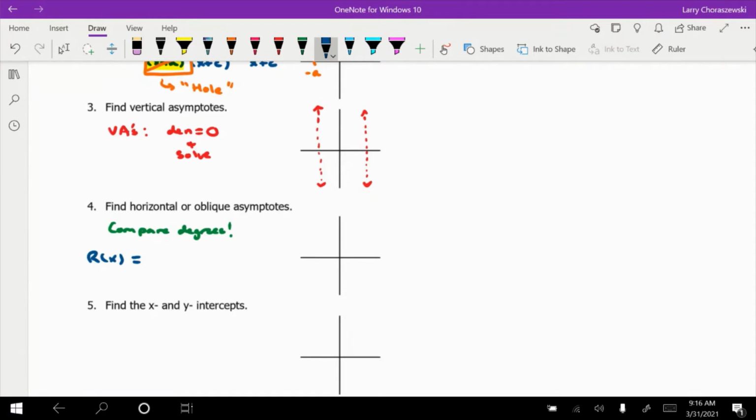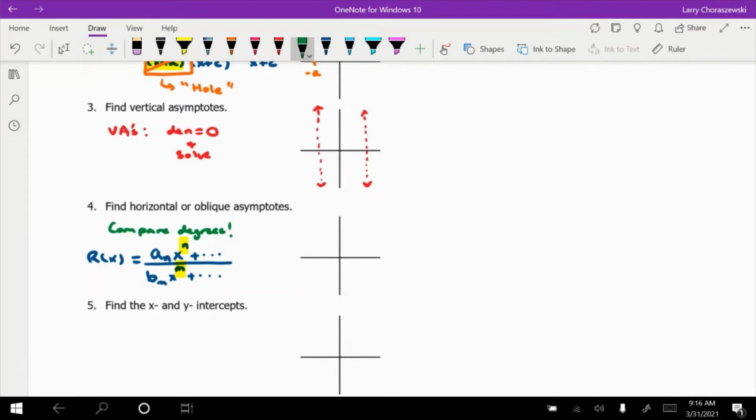Now, back in the last section, the numerator polynomial was generically defined as a sub n x to the n plus yada yada. And on the bottom, that polynomial was b sub m x to the m plus yada yada. And what I mean by compare degrees is look at the highest power in both the top and the bottom.